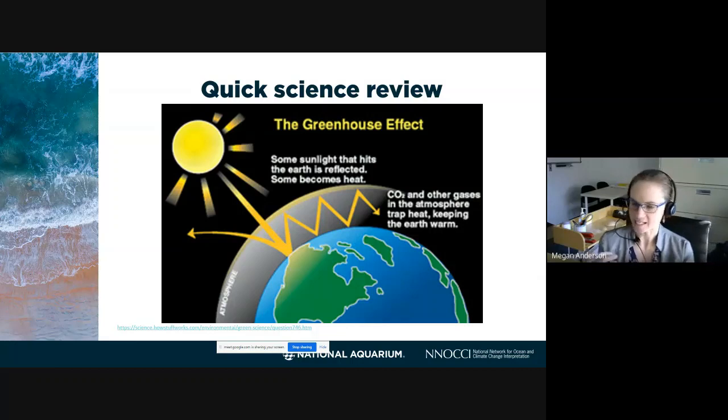Then as that heat comes out in a different wavelength, it can get held in by this layer in our atmosphere, which some folks refer to as the greenhouse gases that trap the Earth's heat in, or you might also hear it referred to as a blanket-like effect. So that's just the basic mechanism of climate change.